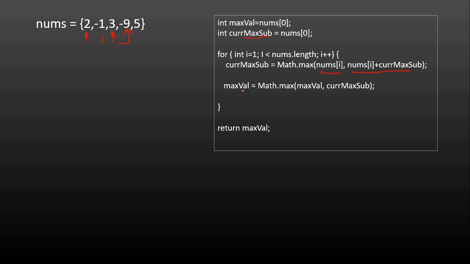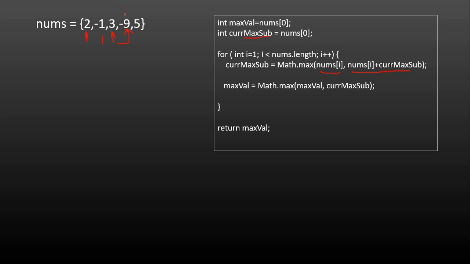Then I'll check whether the maximum till now, that is the max, or this current max sub that I got, whether that is the max. It's similar to saying that if my current max sub is greater than my maxwell, then assign maxwell as current max. So I'll go over this in a loop, and at the end of the array, the maxwell value will store the maximum sum that I can get, because at each iteration I am checking and comparing my current value, which is the current element in the array.